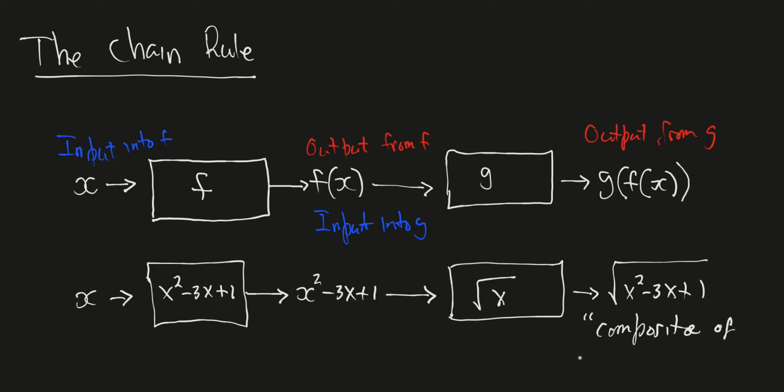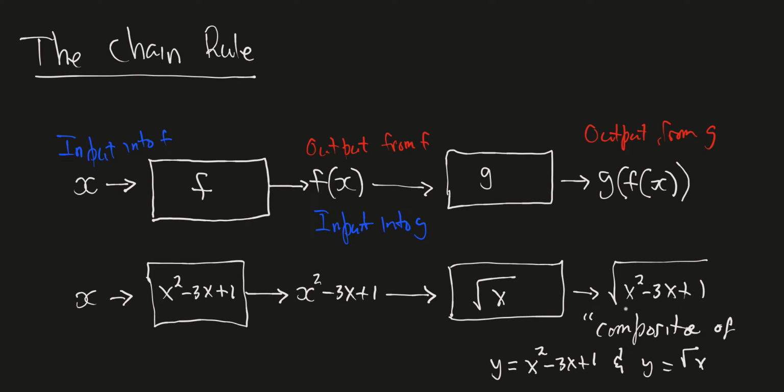So this is the composite of these two functions. And let's use regular function notation, or y equals notation. So y equals x squared minus 3x plus 1, and this other function, y equals the square root of x, right?